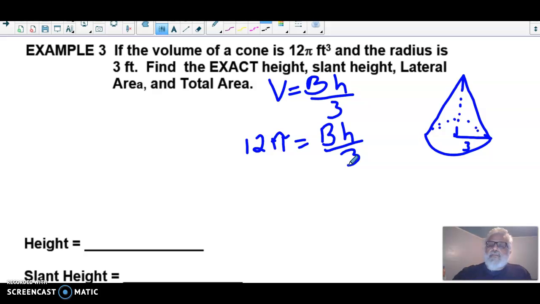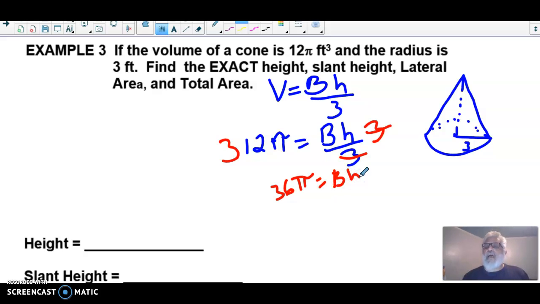So to get this, I'm going to solve. I'll multiply both sides by 3. That cancels out. I get 36 pi is equal to the area of the base times the height. Now, at this point, I still have two variables, so I can't solve it.